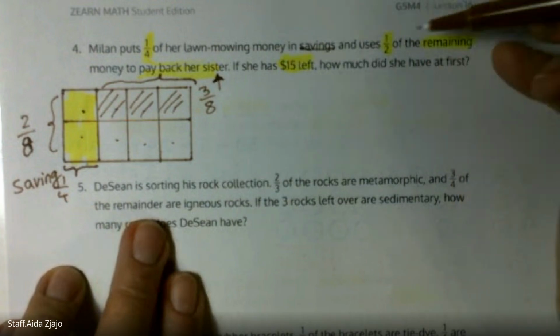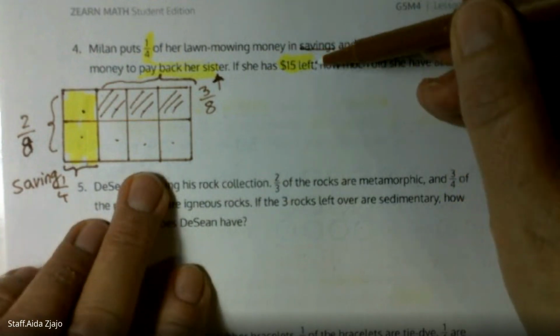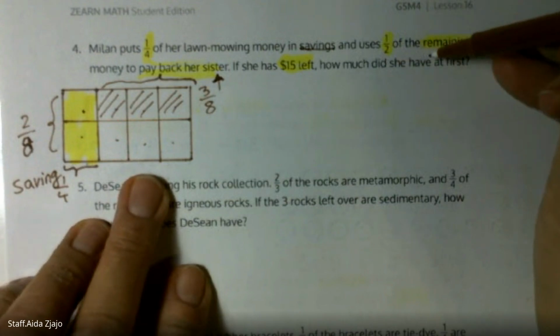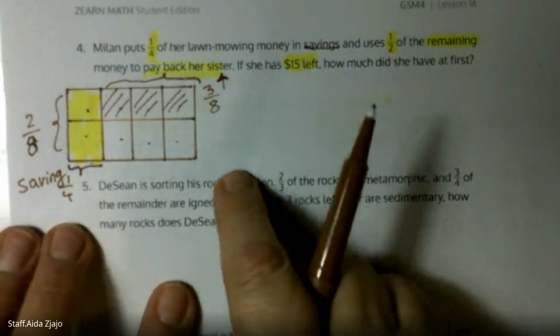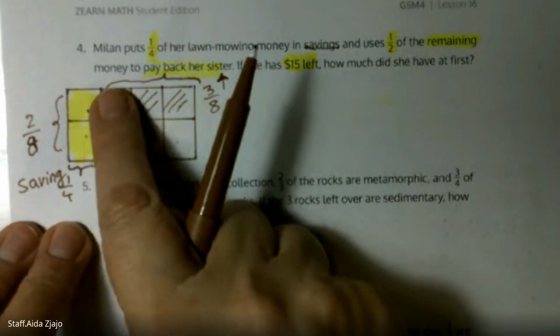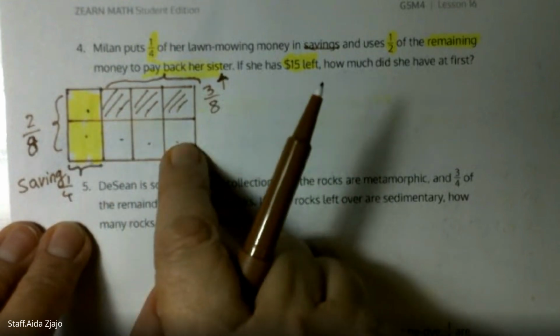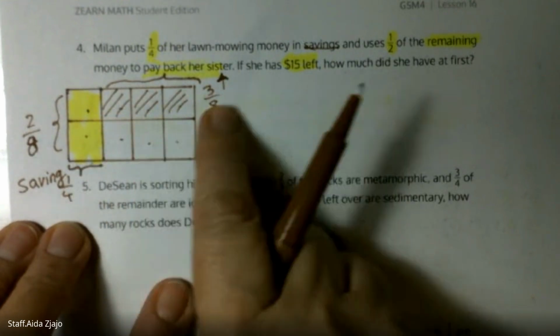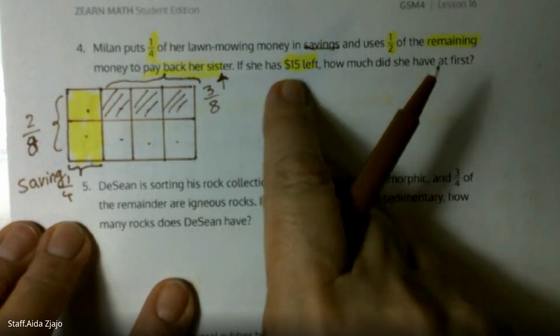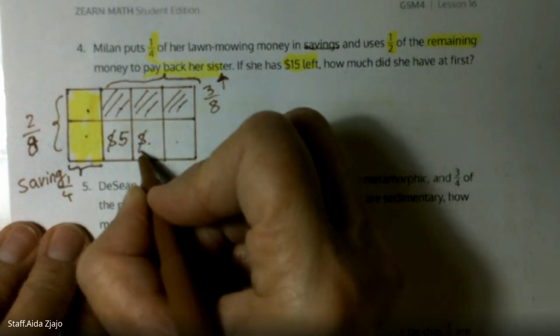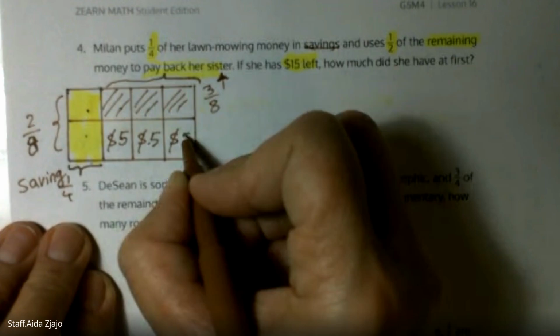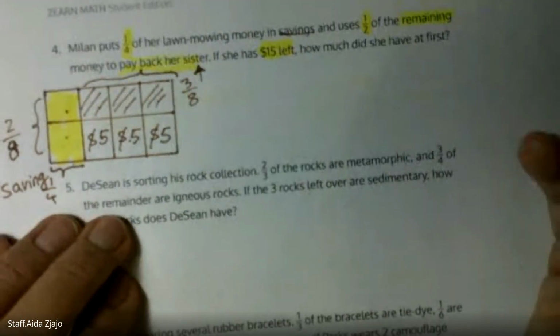So if she has $15 left, how much money did she have at first? So this is what she gives sister, this is what she saved, and this is what is left. These three parts are representing $15. So each part is $5. So now we know how much the rest is going to be.